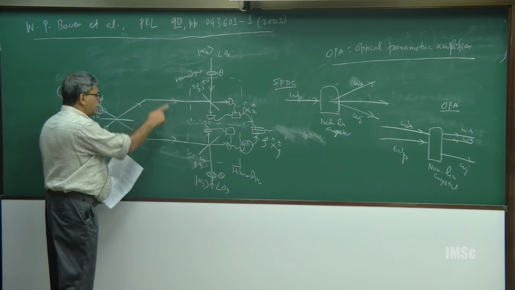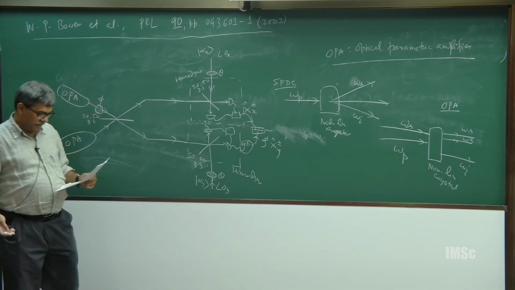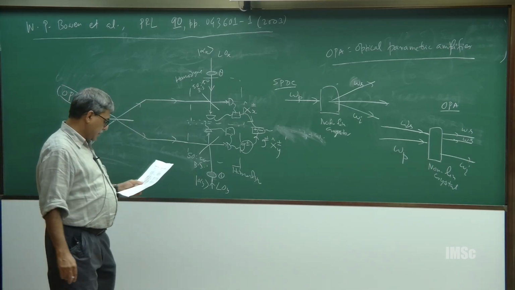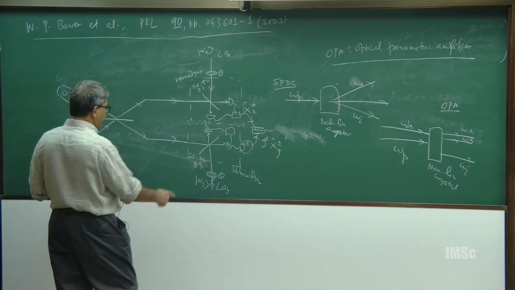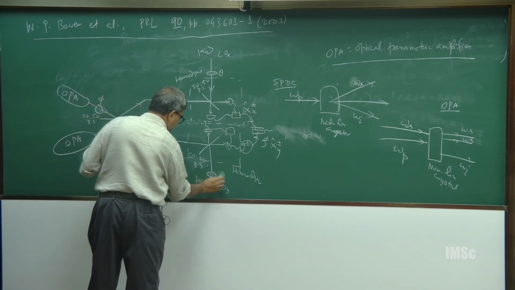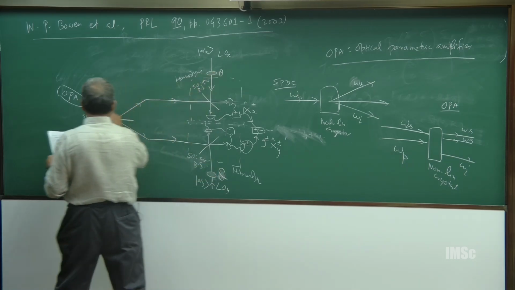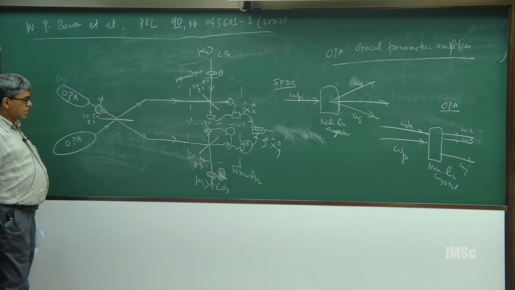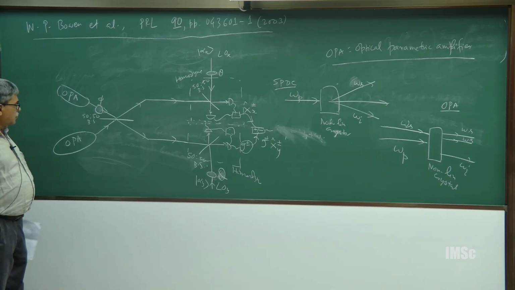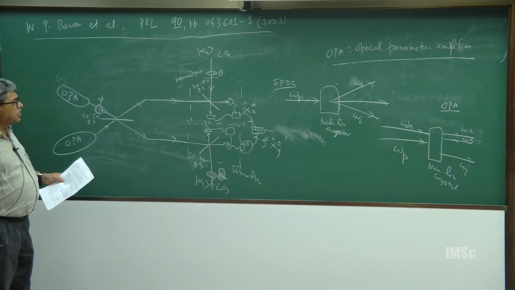I will later introduce some noise here, but this is basically the scheme. And this theta, the same theta here, is a phase shift; same theta here, phase shift; here phi is a phase shift. So, what is going on here?